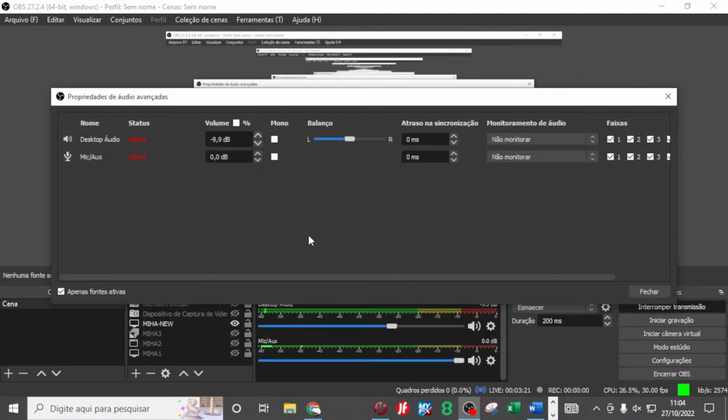Desktop audio, so volume better. Sound check. I'm not even sure what I'm doing. Do you use an earpiece or something?